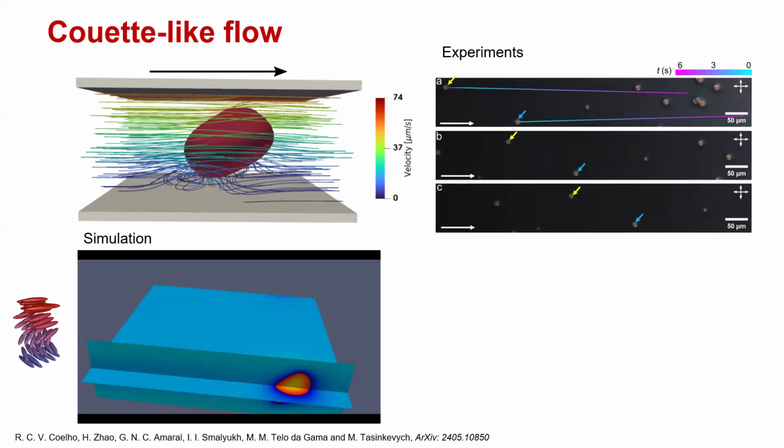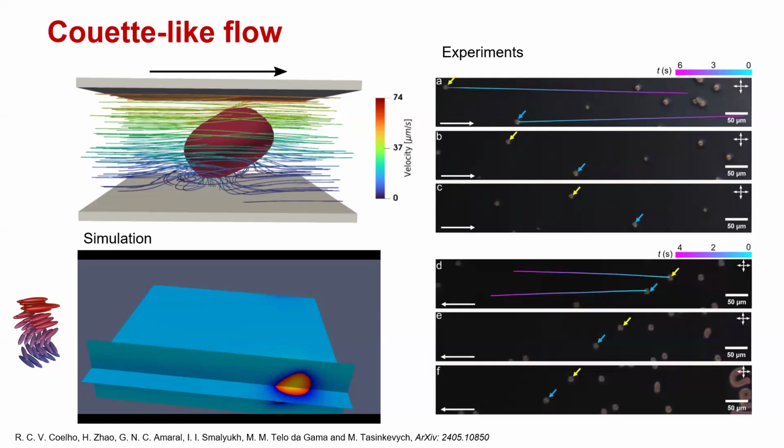We are still investigating this, but we believe that it's because it is very difficult to keep the plates very parallel to each other at this scale, at the scale of 10 micrometers. So probably there are some differences between one side and the other, which makes the skyrmion follow different trajectories. When we reverse the flow, it's still inclined, but in the opposite direction.